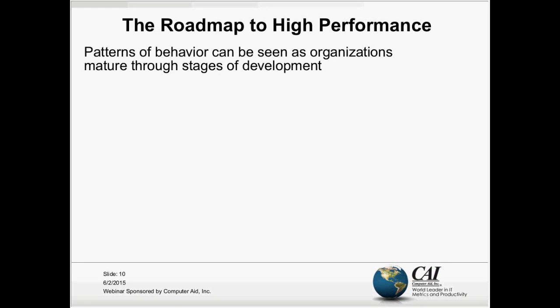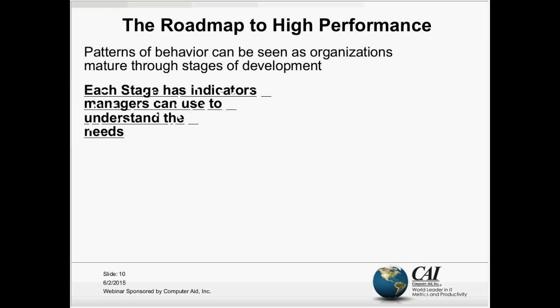This first one is the methodology that we use in any large transformation. This is something I use for all of the teams we work with, to implement the concepts and get people aligned. It's a logic model based on patterns of behavior that we've seen in organizations as they mature through the stages of development.